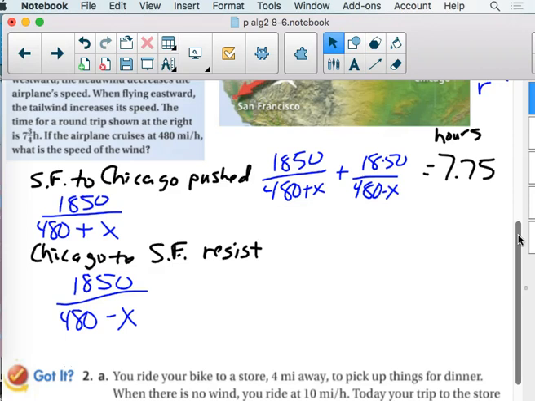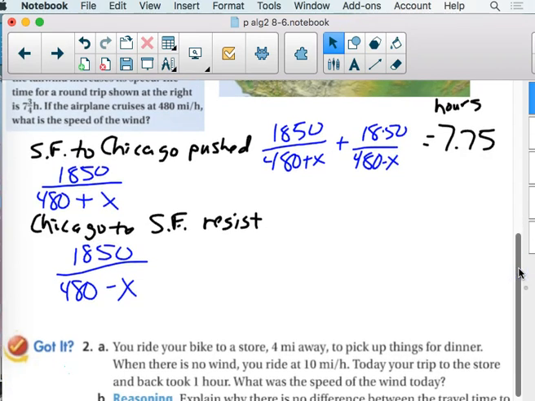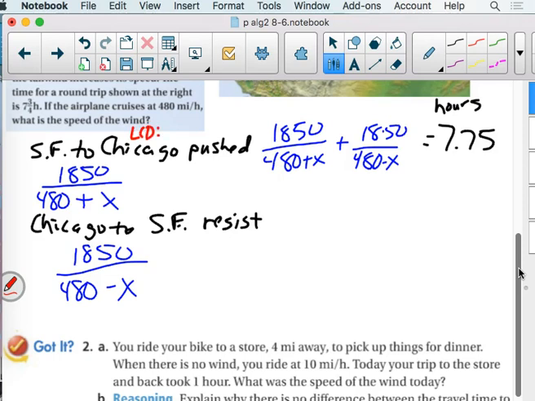Alrighty, what do we need to do? Just did it in the homework. Least common denominator. It's not a very nice least common denominator, is it? Yeah. So our LCD, 480 plus x and 480 minus x. Just pushing that in because I'm going to need the room to solve this.